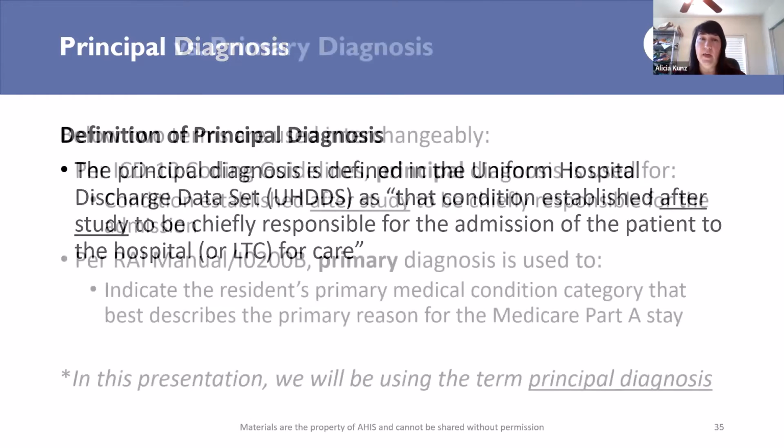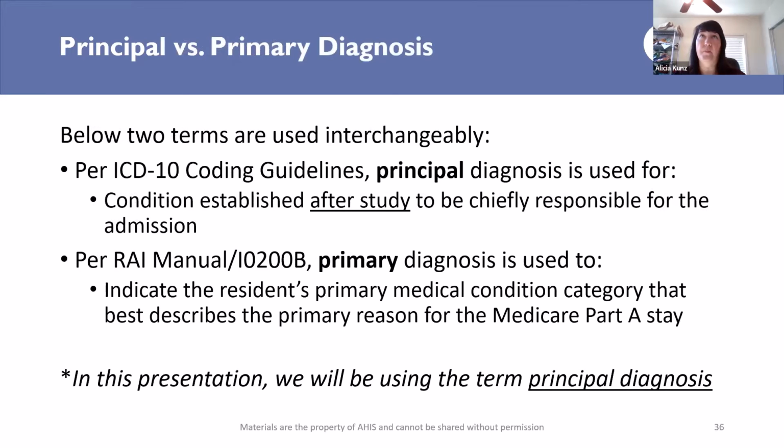And with coding, sometimes we think, oh, it's not that difficult, I can Google it. It really does require critical thinking skills. You have to think, why were they admitted to the hospital? And then consequently, why are they coming to my facility for care? So it's not always terribly obvious. It does require some thinking.